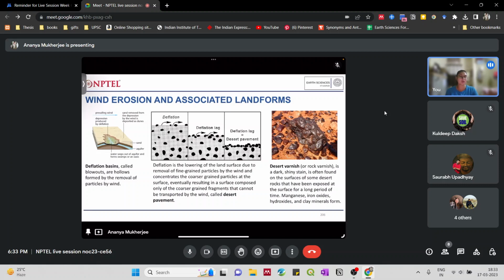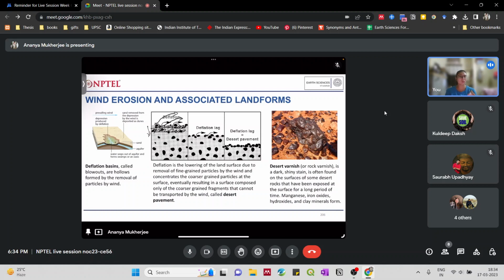The next landform feature credited to wind erosion is called the desert pavement. As we explained with deflation, it will lift all the finer sediments and take them ahead with it. With time, the land surface is going to get lowered. Suppose this entire area has been lifted off, and then after some time even this area is lifted off, not the bigger grains but the smaller finer grains.